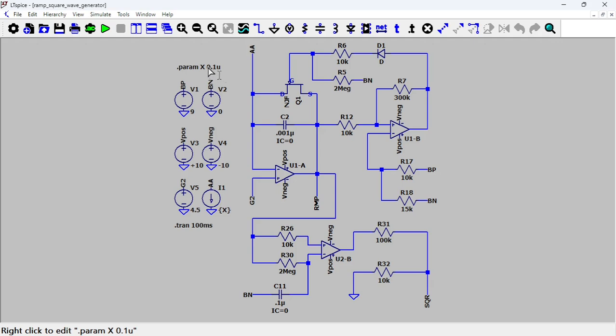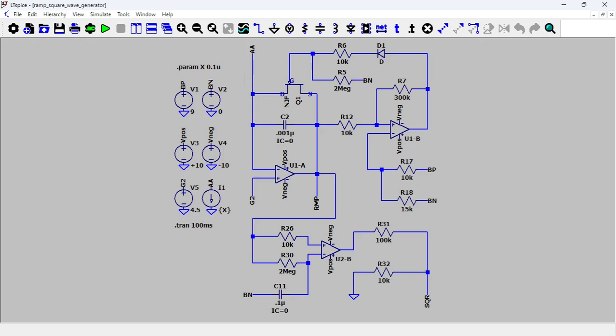But as you increase this current, let's say to 1 microamp or 10 microamp or 100, whatever, you're going to see that the frequency increases at the same rate as the current increases. So that's that for the ramp.